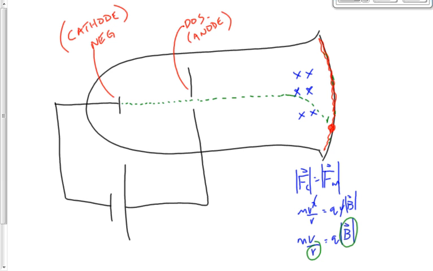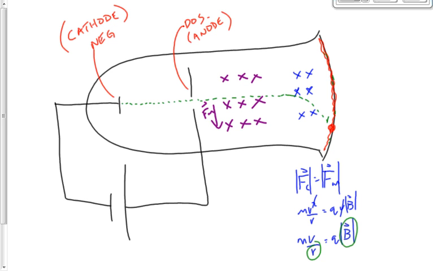We're going to add one more section to this cathode ray tube now. The other section is going to have a magnetic field as well. That's going to cause a magnetic force on these negatively charged particles, a downward magnetic force.